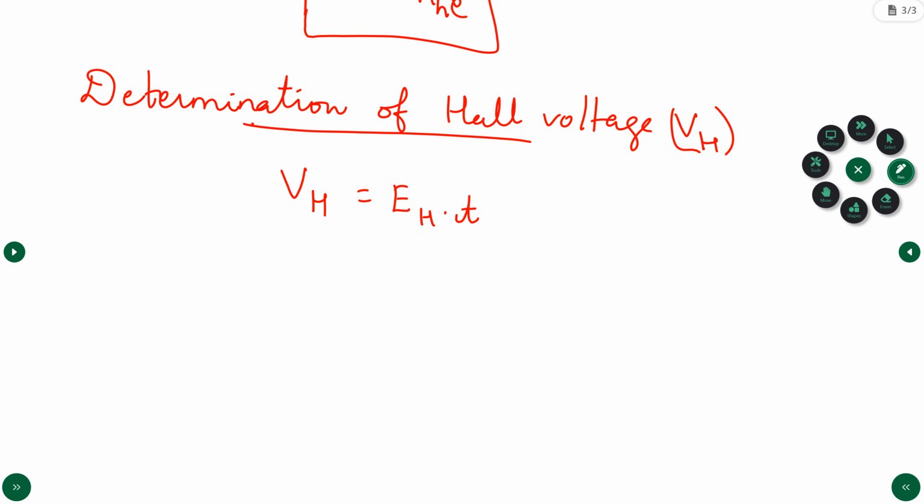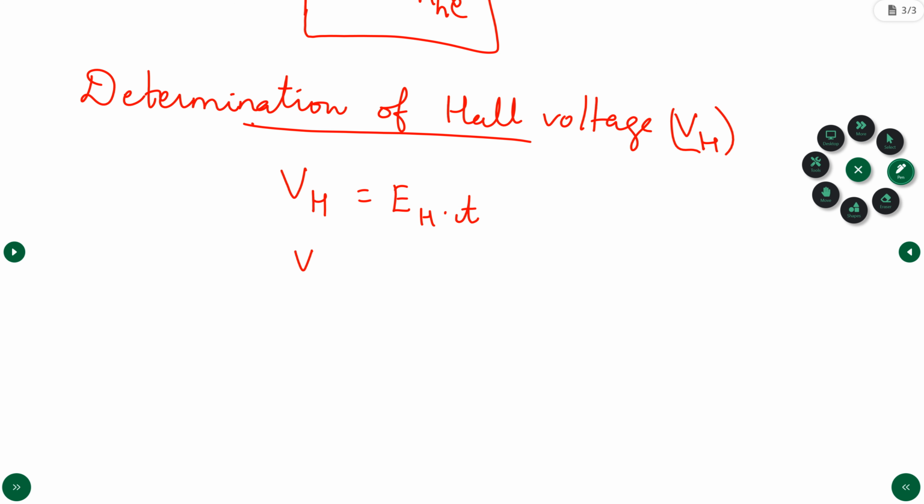E_H is the Hall field and t is the thickness of the sample. Already you know the value for E_H. What is E_H?